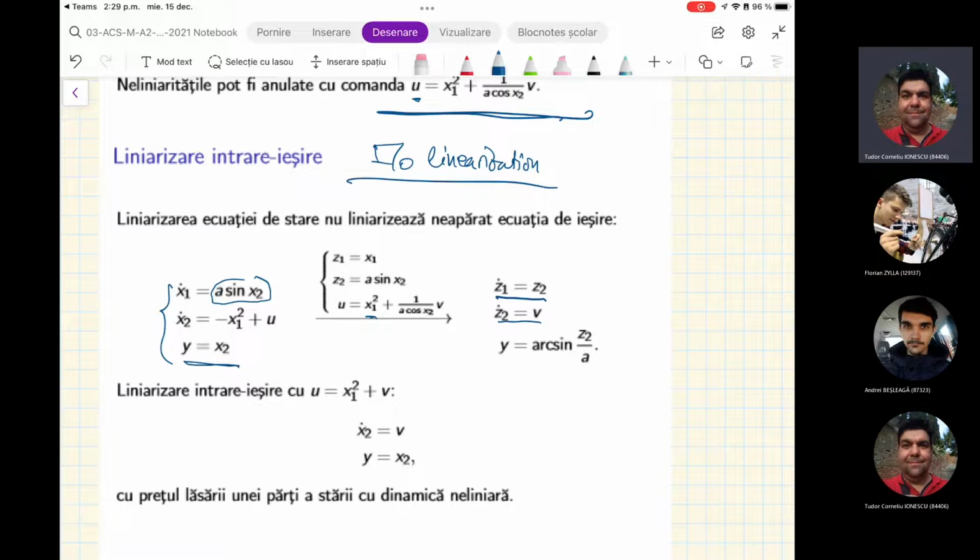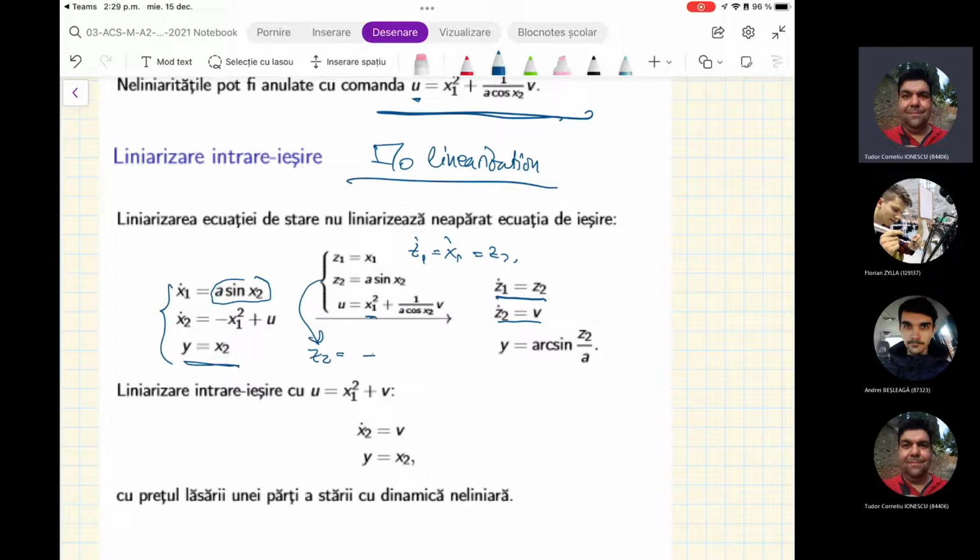Z1 dot is Z2, because Z1 dot is X1 dot, and this is Z2, because Z2 is A sine X2.